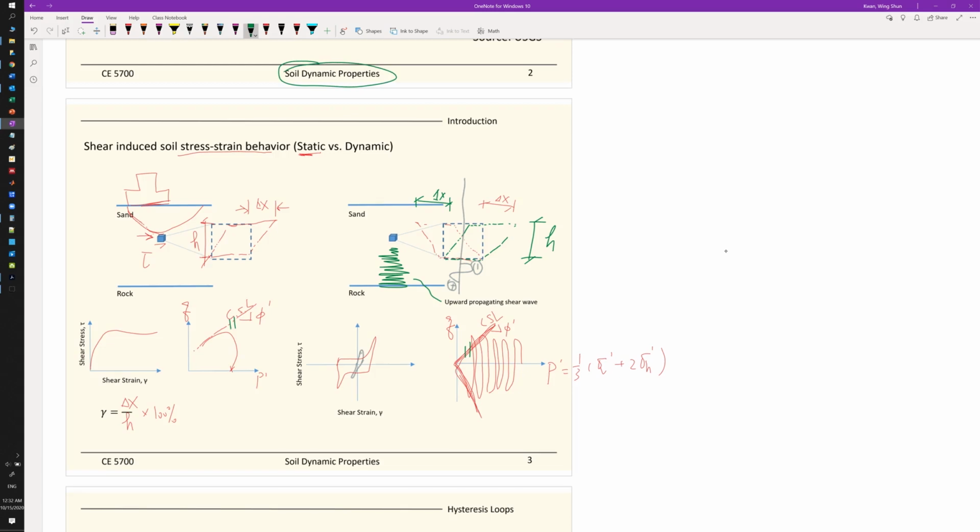And for the case of earthquake loading, the most important soil dynamic properties happen at the first loop of the stress strain curve. So next we'll focus on this first stress strain loop. The next time we talk about that, we'll zoom in to discuss what kind of information we can recover from that first stress strain loop to establish the dynamic soil properties for site response analysis.